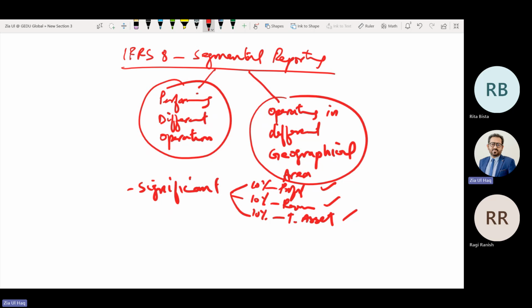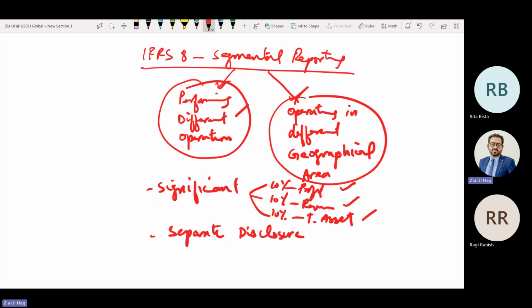And if any segment meets the criteria of a segment, meaning either this or this, and it is significant, there must be separate disclosures about that segment. We need to disclose what revenue they are contributing, what the costs relating to that segment are, what the profit relating to that segment is, and what assets are associated with that segment.